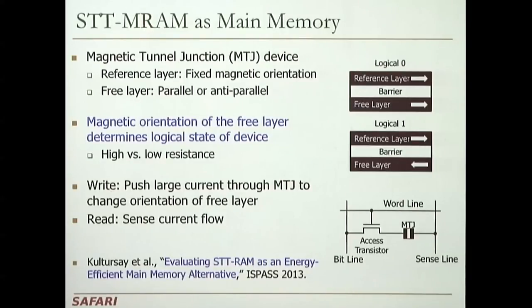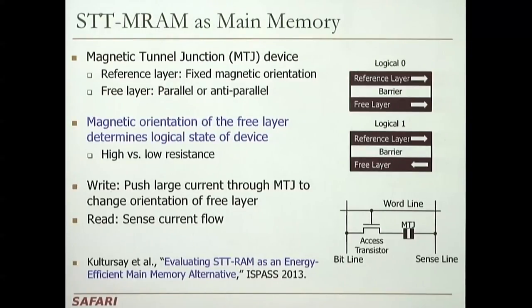So this is STT-MRAM, spin transfer torque magnetic memory. That's one particular example of magnetic memory. Magnetic memory comes in many different devices. So in this case, you have a magnetic tunnel junction device that looks like this pictorially at the high level.